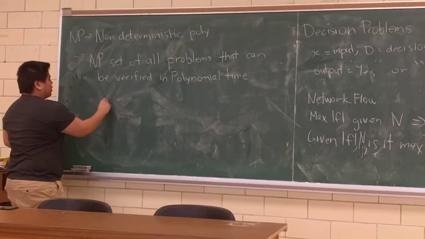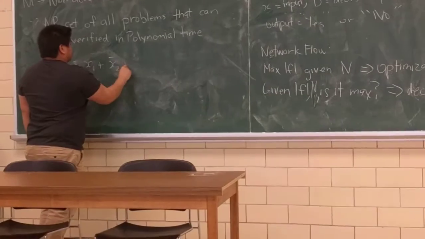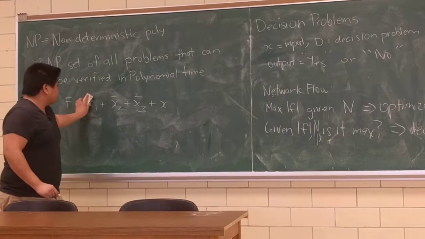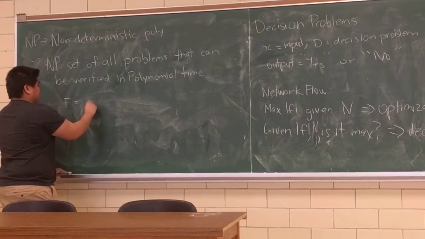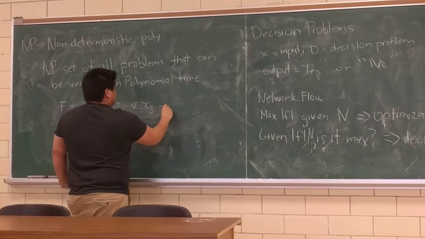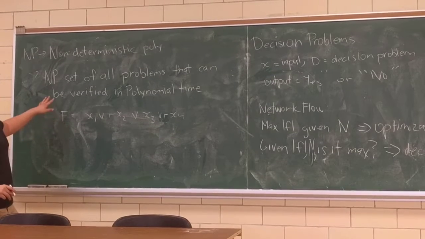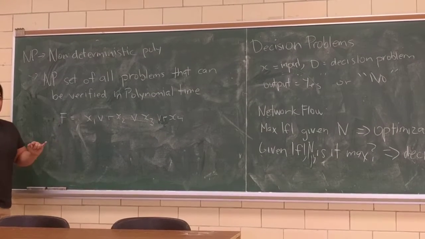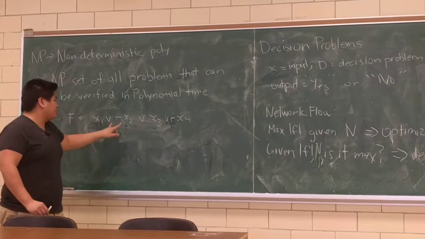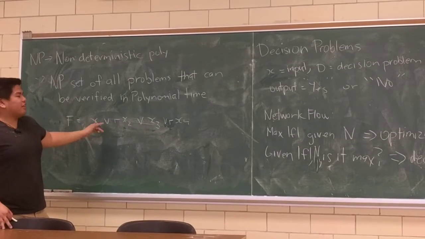Given some formula f, satisfiability means: is there some combination of Boolean variables x1, x2, x3, and x4 that will make this formula true? In this case, how would you verify it?